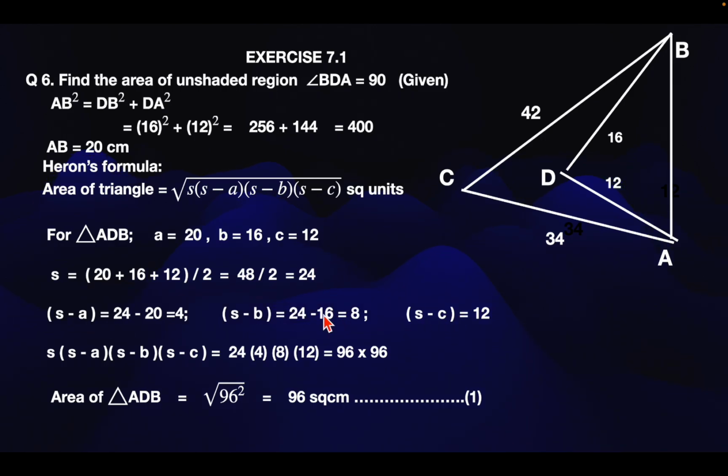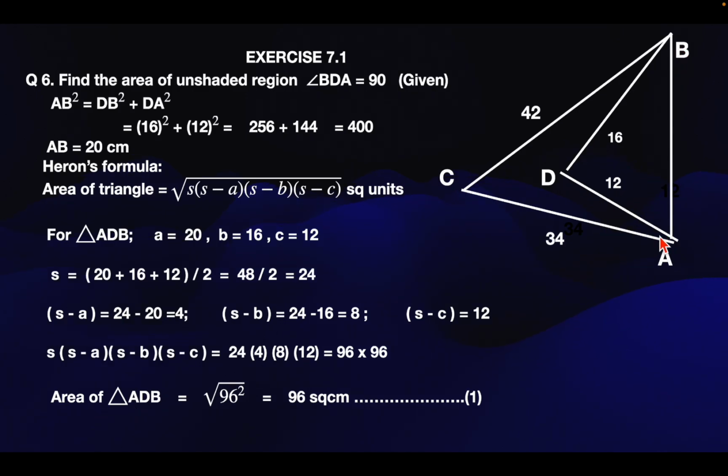So let's find S into S minus A, S minus B, S minus C: 24 into 4 into 8 into 12, that is equal to 96 into 96. This is the square form; I'm writing it so that it's easy to find the square root. So the square root of 96 square is 96 square centimeter. So we found the area of the small triangle ADB.